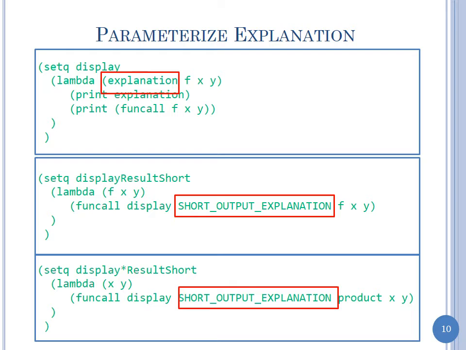Okay, so we wanted to be a little bit more greedy after that. We've got this 4-parameter function display. Display result short and display star result short are both essentially calling this function with different parameters.